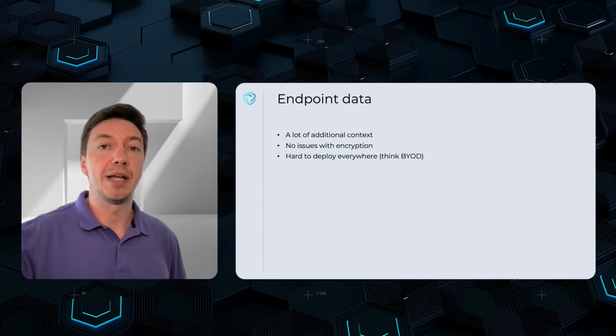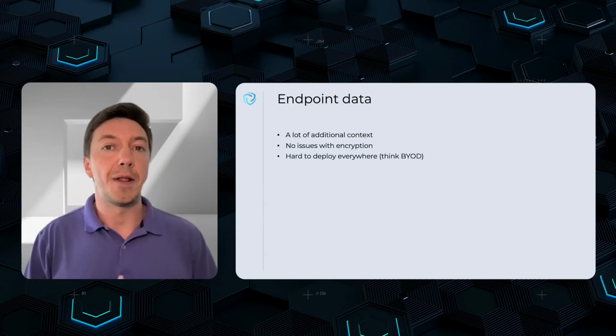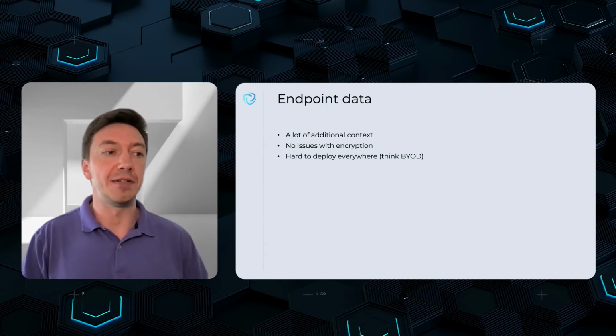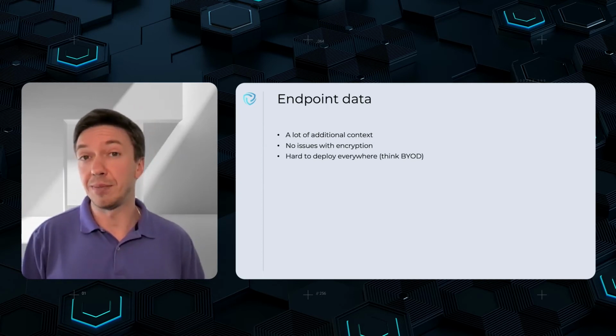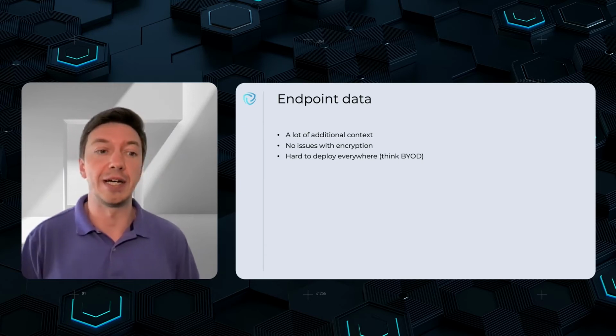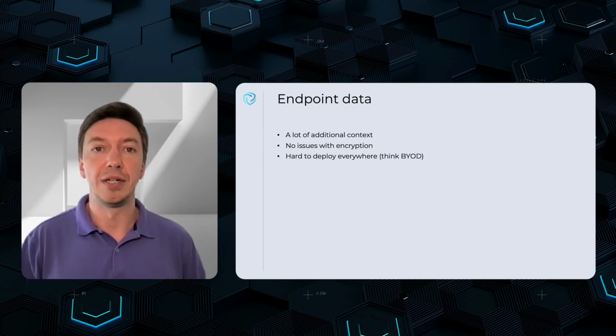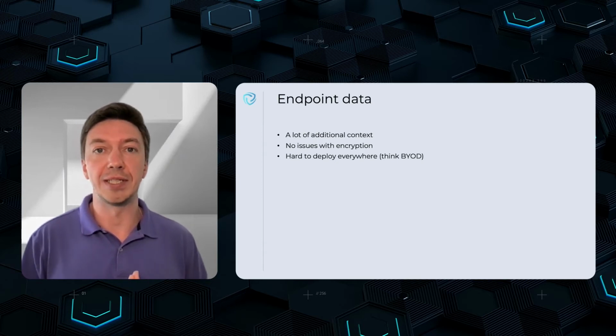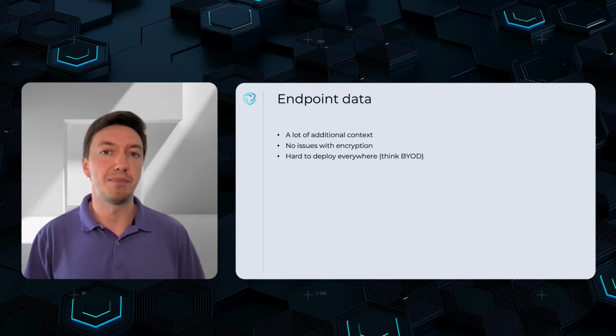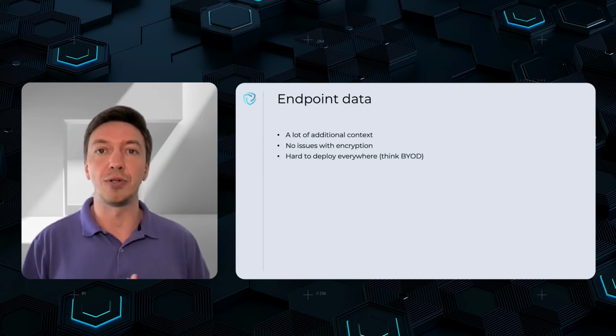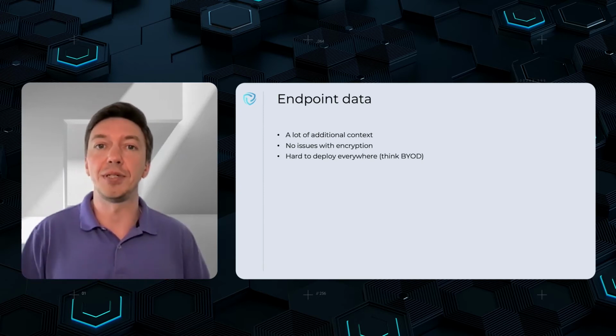That's obvious. But at the same time, endpoint data is very, very hard to get from specific forms of devices. So if you think about corporate laptops, where you have GPO, for example, and policies, or you have MDM solutions, that's easy. But what about personal, private mobile phones of your employees? How do you get endpoint data from there?